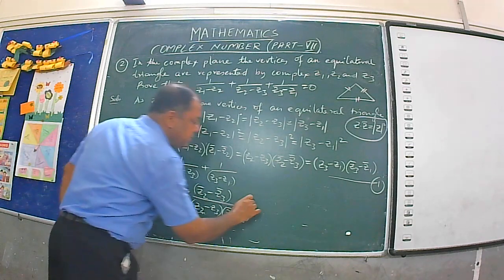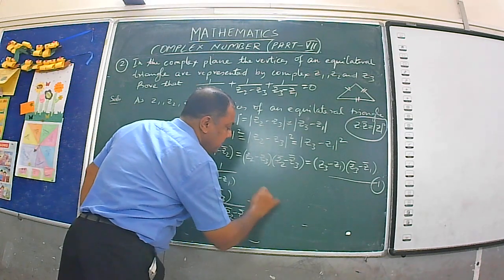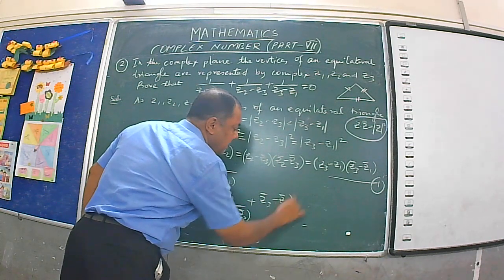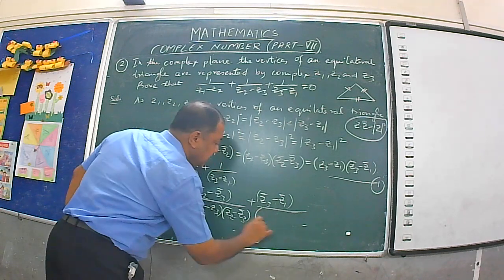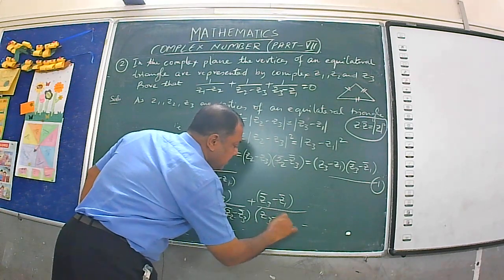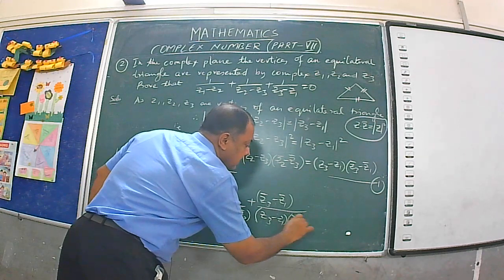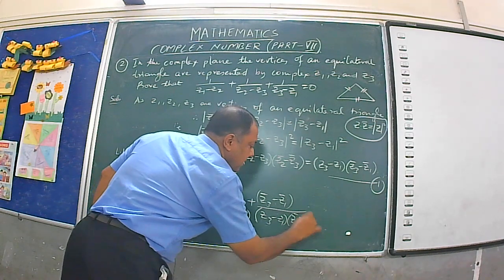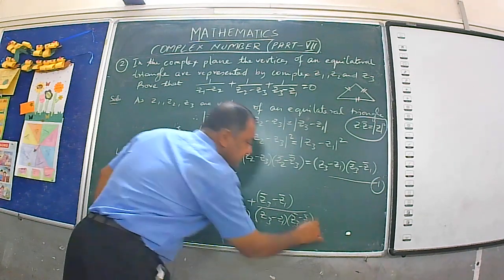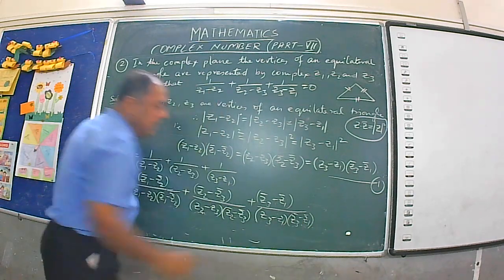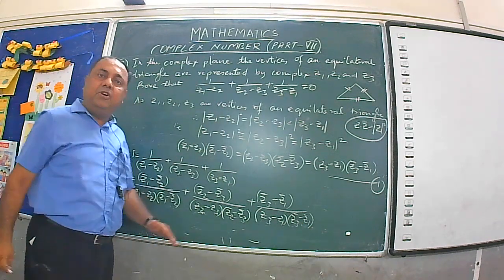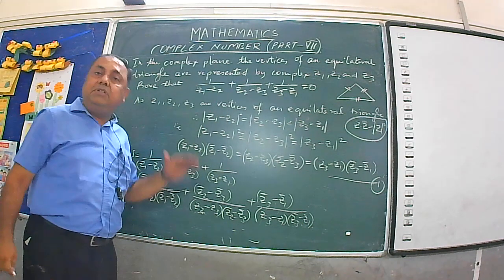And my third step is Z3 bar minus Z1 bar by Z3 minus Z1 into Z3 bar minus Z1 bar. Similarly, I am multiplying numerator and denominator. Follow each step.